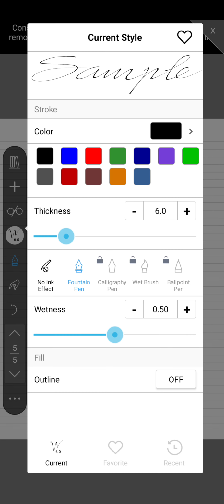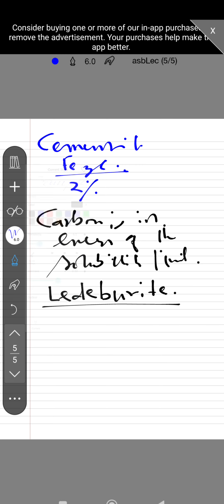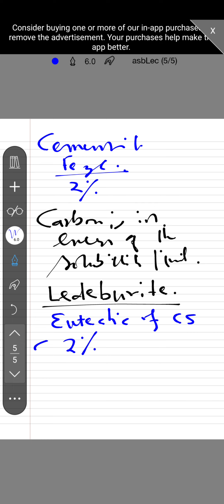Next is the ledeburite phase. It is considered the eutectic form of cast iron, with more than 2% carbon.